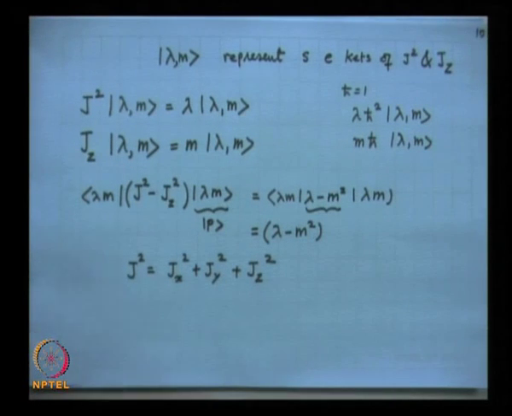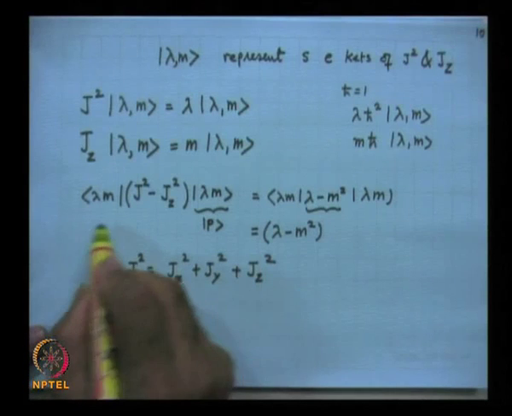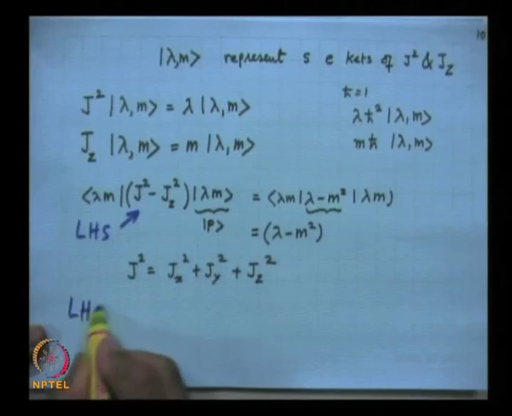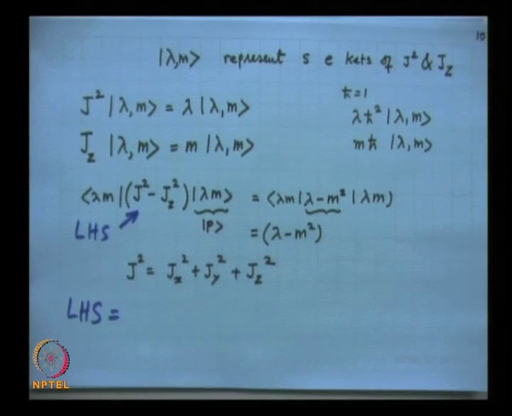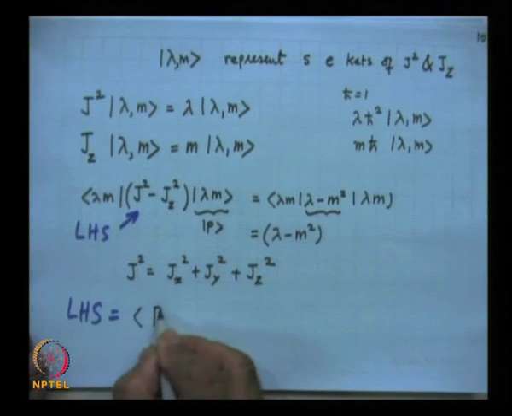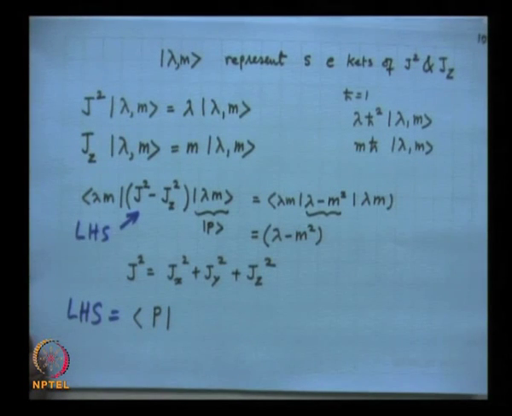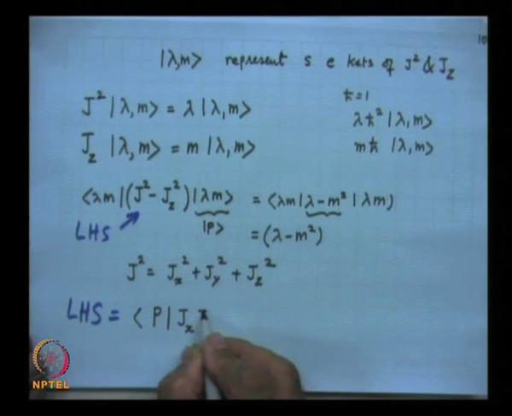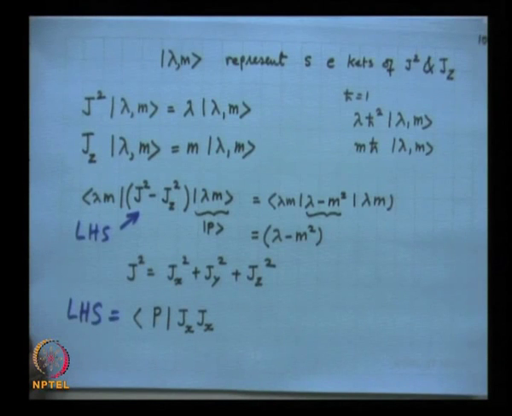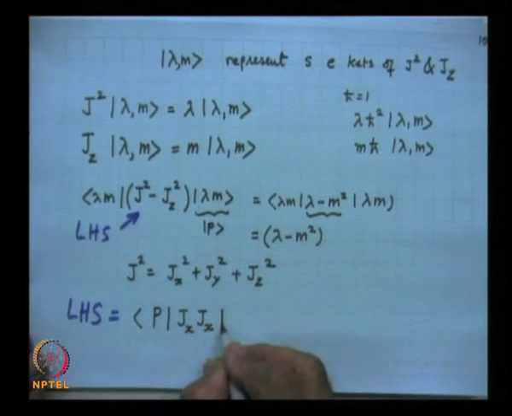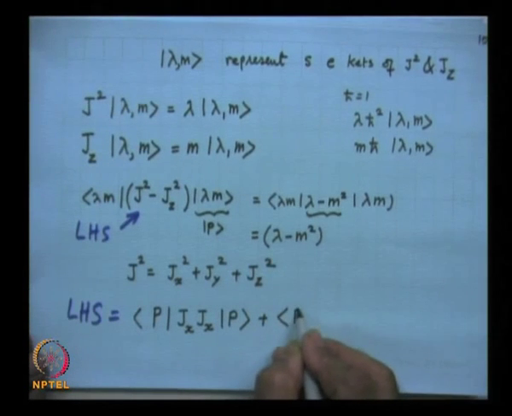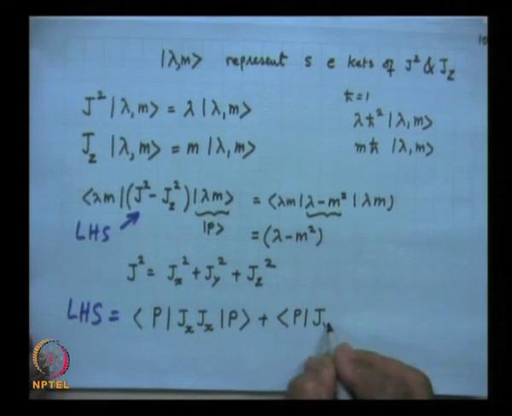So, this left hand side quantity is equal to bra p j x, I write this as ket p, I hope this is clear, plus bra p j y ket p.